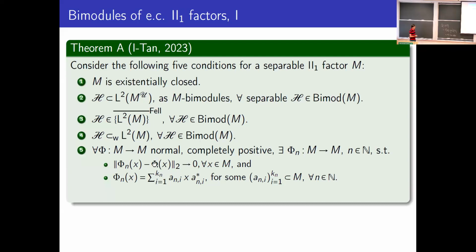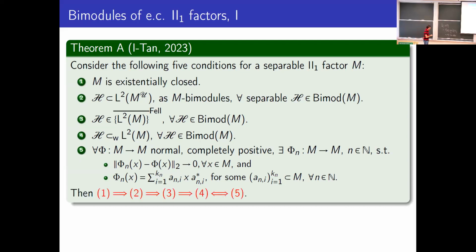And also each phi_n has a very specific form: it has the simplest form you can think of for a completely positive map, a positive map of the form the sum of a_i x a_i star. So 5 is a rather surprising property. It says that any normal completely positive map can be approximated in the 2-norm by sums of completely positive maps of the form x goes to a x a star.